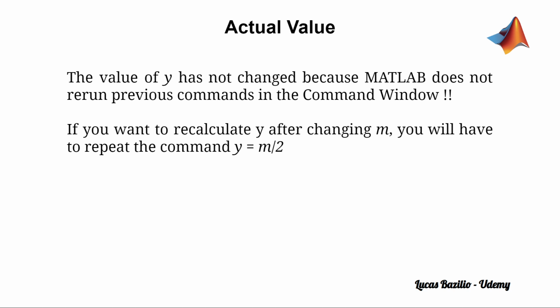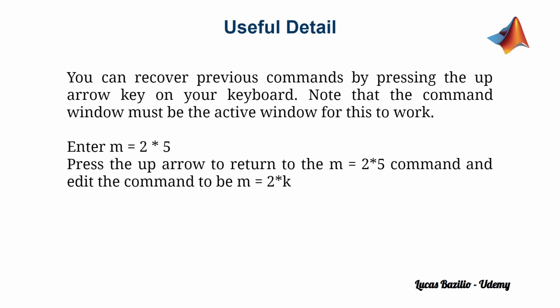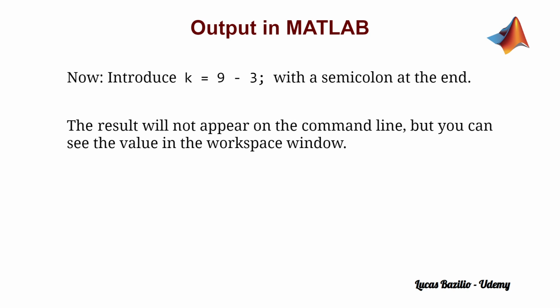Now, these techniques of displaying the actual value of a given variable, recovering previous commands with the up arrow key, or using a semicolon to skip displaying the result, are all very important techniques when working in MATLAB. Consider the semicolon case, for instance.